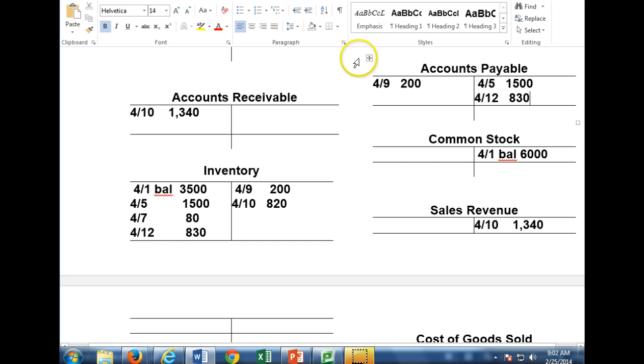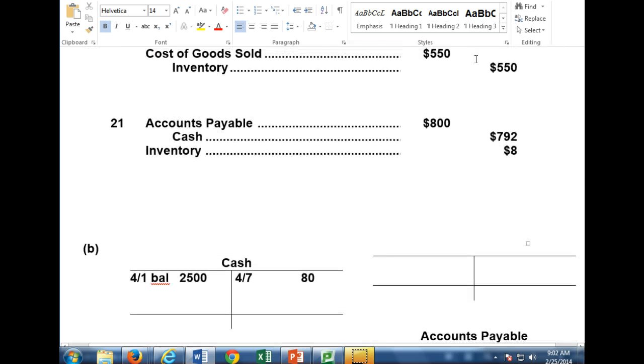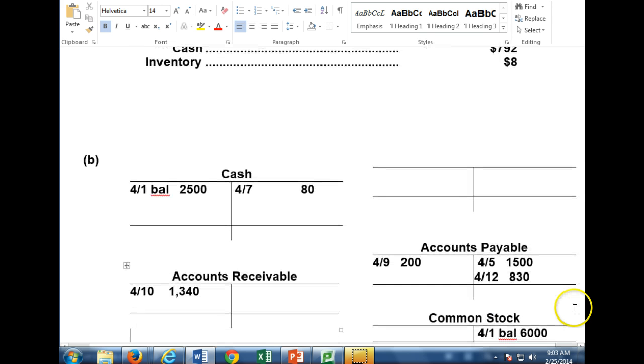Okay, what's the next one we're going to do, guys? Next transaction. Accounts payable. And what's going to happen to our accounts payable? It's going to be debited 1,300 on April 14th. And what's our other side?